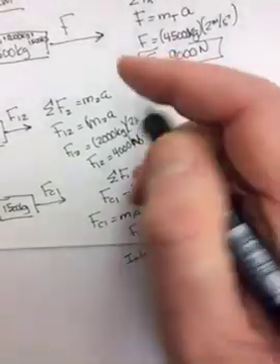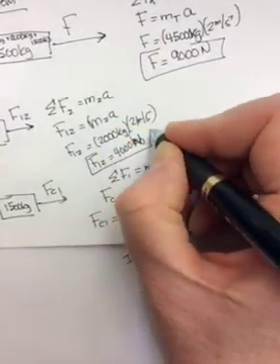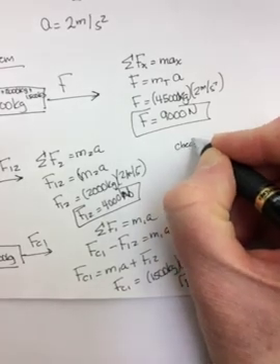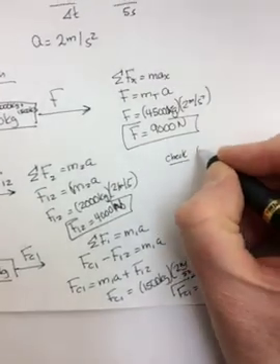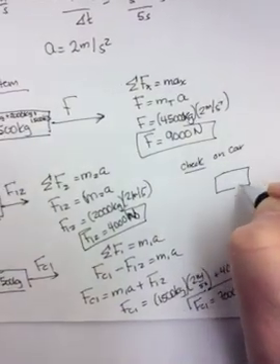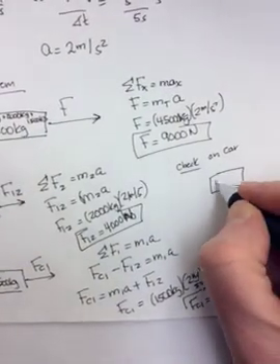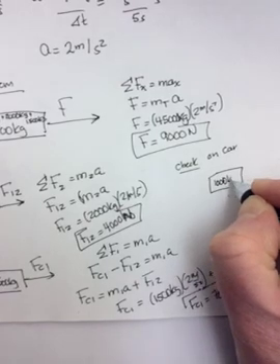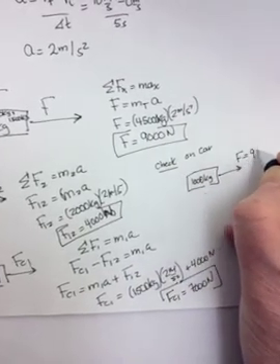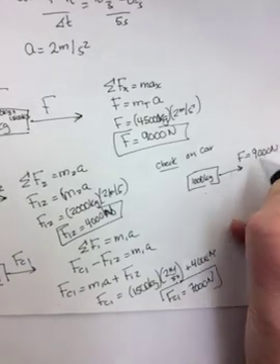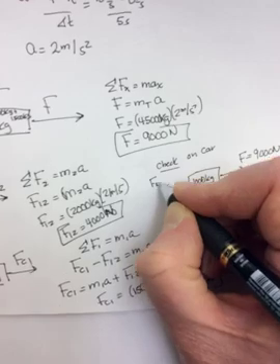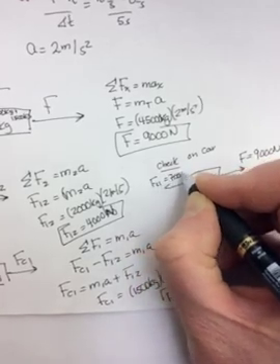Okay? Now, you can check your work, and the check would be to look at the car. Because we've looked at the two trailers, on the car whose mass was 1,000 kilograms, we found that there was a force of 900 newtons going forward and a force of 700 newtons going backward.